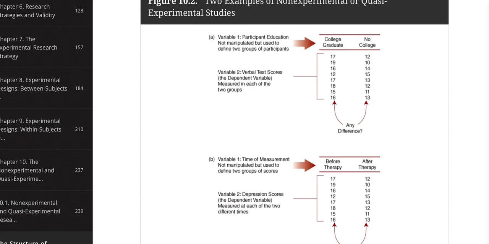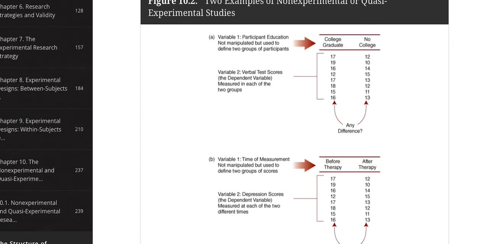This second example down here in part B, that is a time-related variable that I was talking about. And that is usually when there's some sort of therapy or clinical intervention of some kind. And in those cases, there's a before treatment and after therapy, and they're comparing depression scores between the two to see if the therapy was effective or if the therapy helped, right?